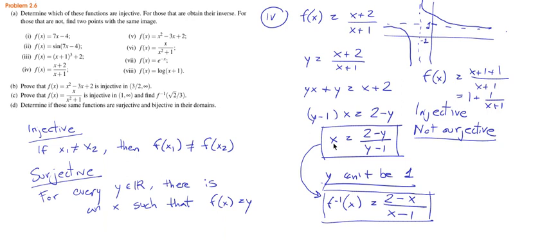But the idea is this: f of x is the function that maps this x to a y. So x gets mapped to this. Now the inverse maps this y back to x, and we have solved this. So this is how to write it. If I give you any x, I get you f of x, and then this f of x I plug in here, and I get back my original x. That's the idea.